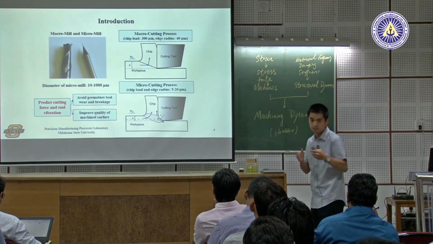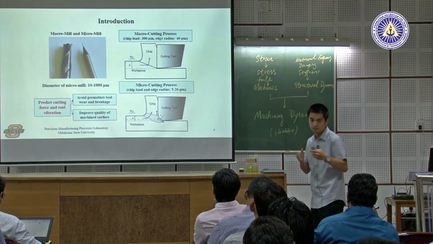And there is an important angle called the shear angle, which determines the orientation of this shear plane. Then the material forms a chip and leaves the rake face. This is the classic Merchant theory, developed around 1945, to characterize this mechanics part.